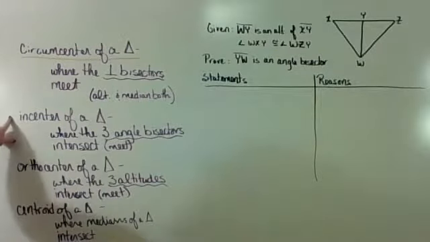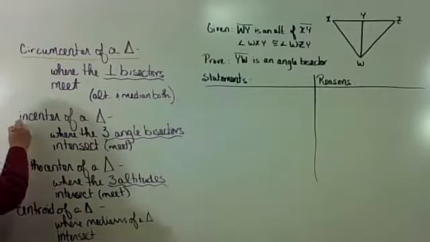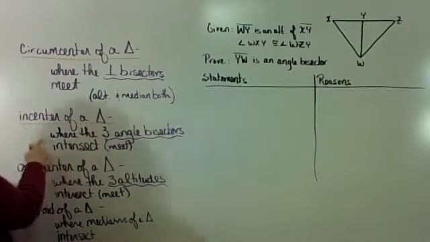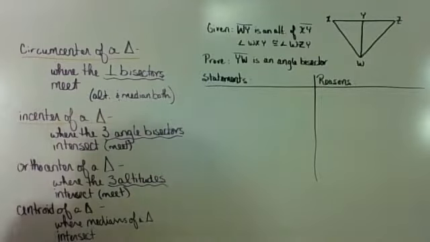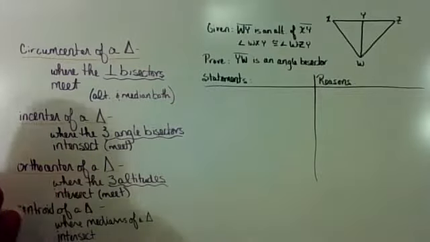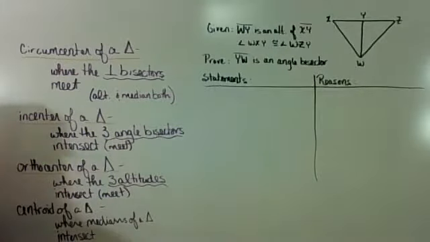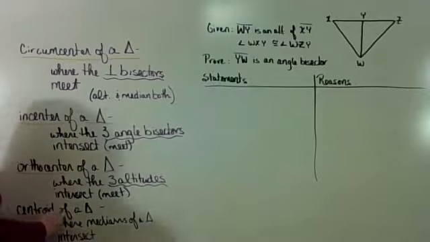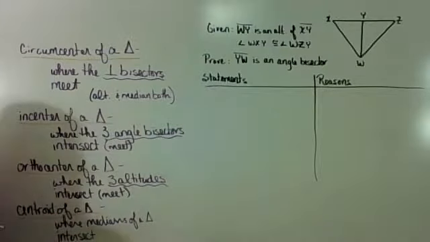The incenter of a triangle is where the three angle bisectors meet. The orthocenter of a triangle is where the three altitudes meet. And the centroid of a triangle is where the medians of a triangle intersect.